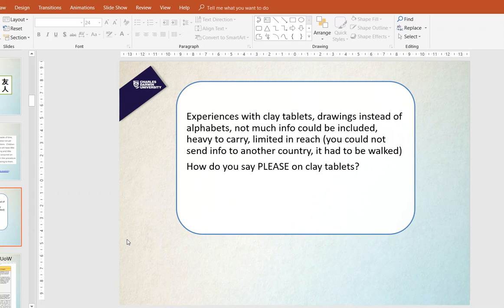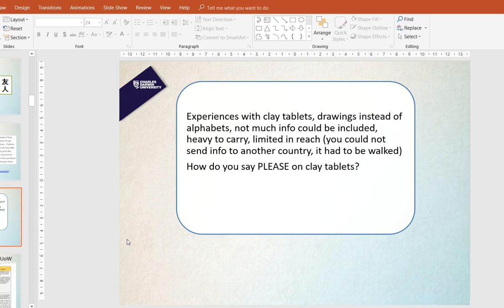Oh, that's a problem, right? If you want to keep a record for quite a while and the tablet is very small, it's really unwieldy. What else? Heavy to carry, right? What else?